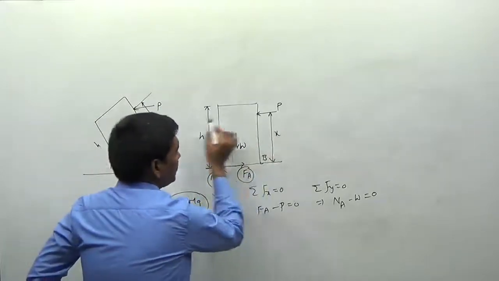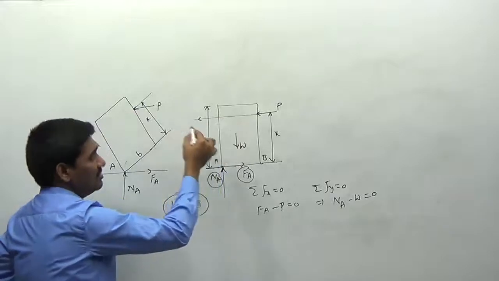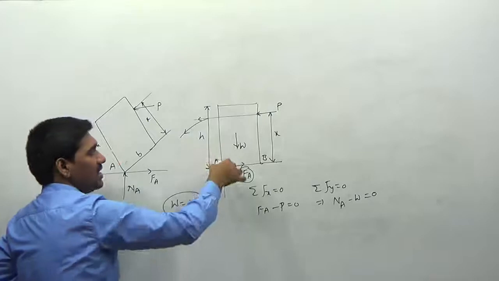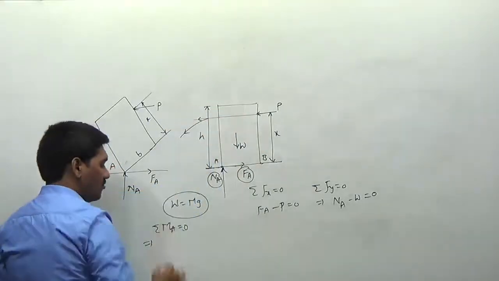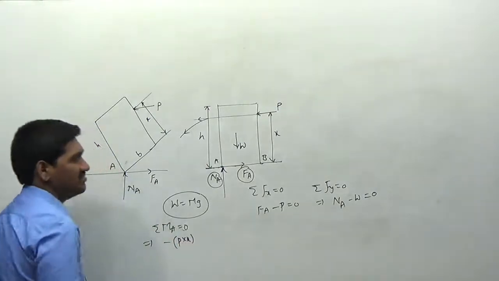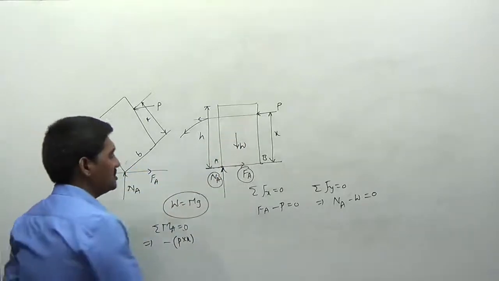The P is acting in this direction. I am transmitting the force in this direction here. So P will try to rotate the body in this direction. P into x, I can see this value as x here. It is trying to rotate the entire body in the anti-clockwise direction, so I can write this as P multiplied by x, the moment of the force P about the point A. Next, what about this weight here?